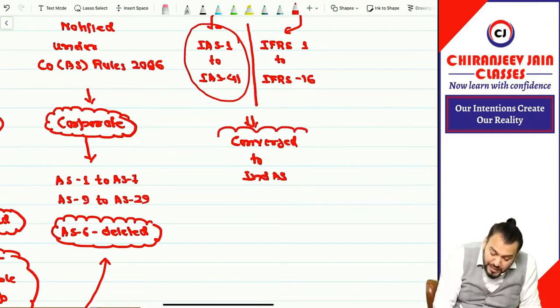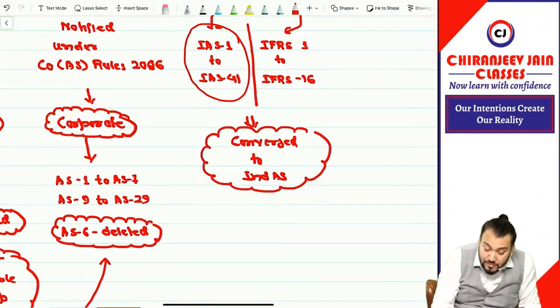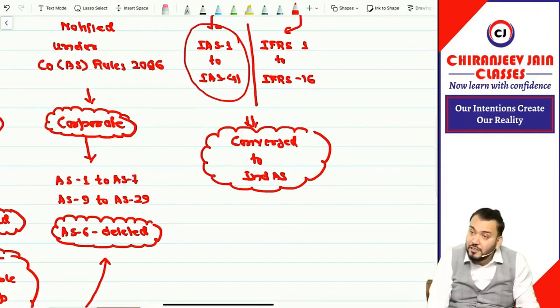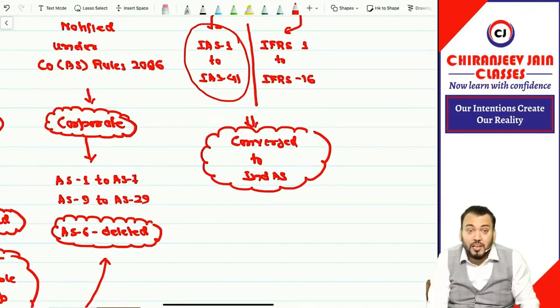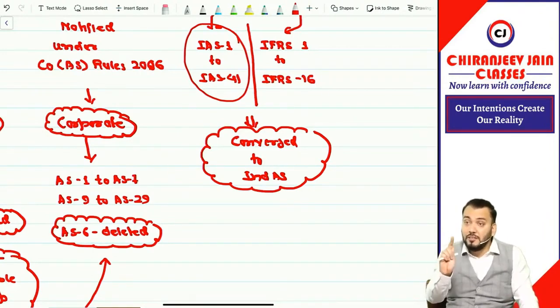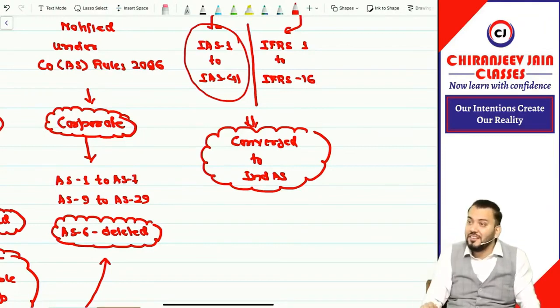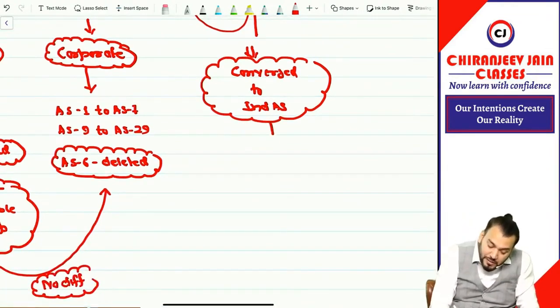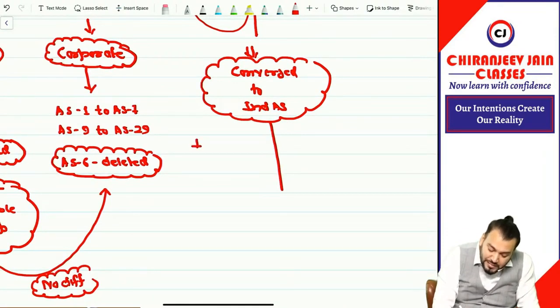But when adopting IFRS, there was a challenge about what name to give, because here it is IAS 1 and here it is IFRS 1. There was one difficulty: how to number it, because there are two standards with number 1, IAS 1 and IFRS 1. So they decided the IAS will be numbered as Ind AS 1 to Ind AS 41.